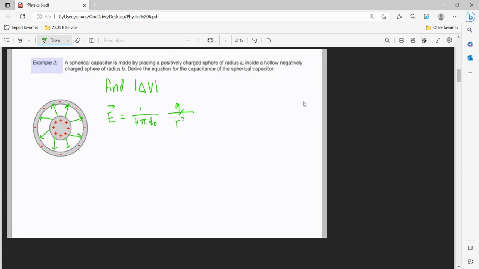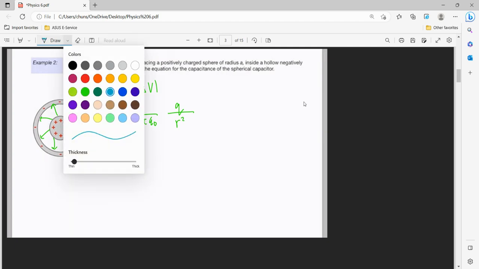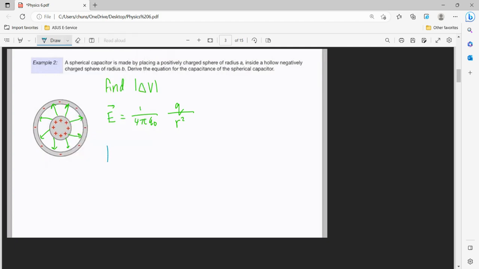So when we put this into our potential difference, this is represented by the negative integral from our starting point. Let's call this a here because we have our smaller radius a and our larger radius b. This is going from a to b radius.